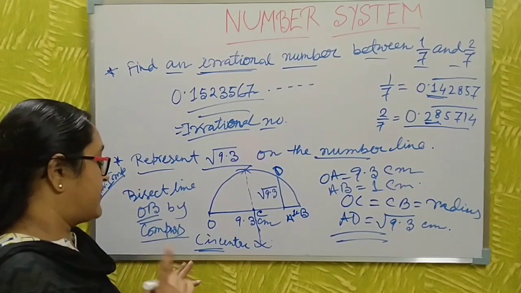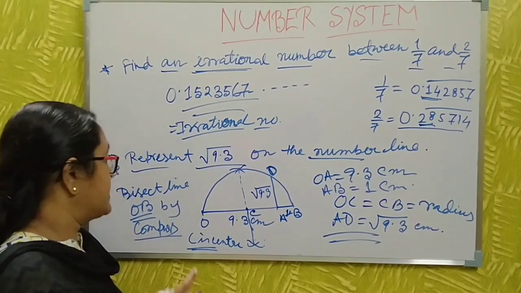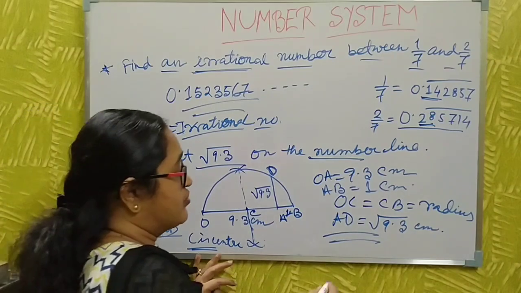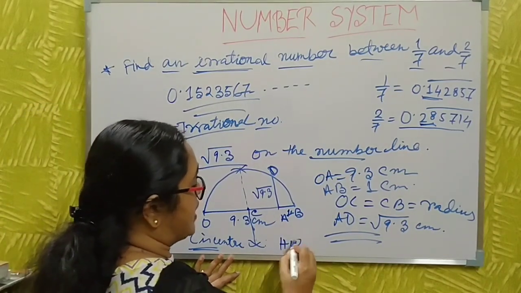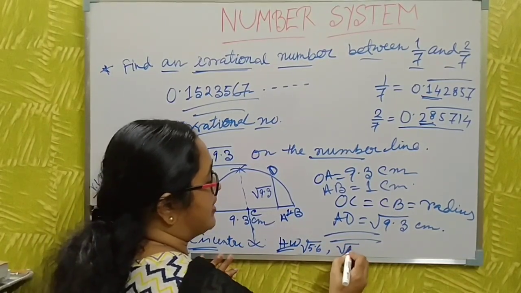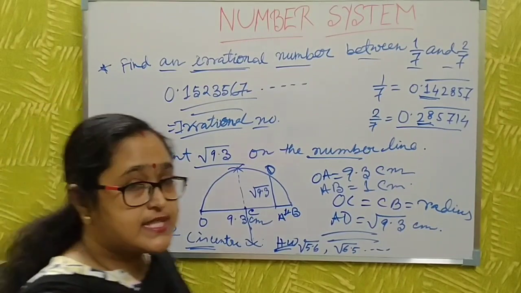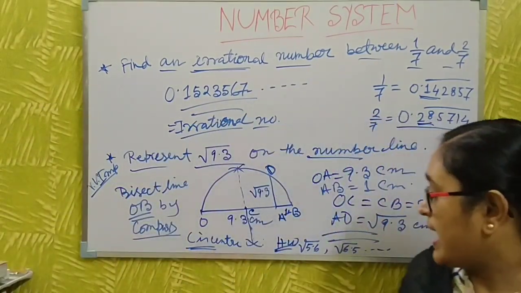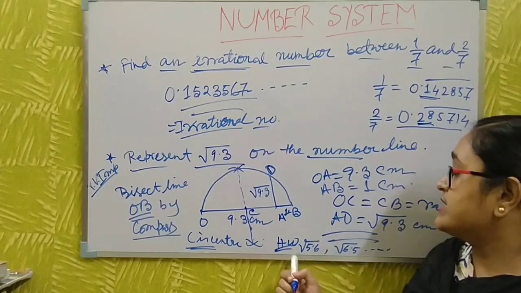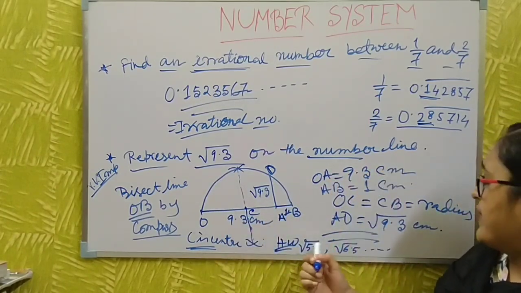This is a very, very important thing. This you have to draw and collect. This is also the homework I have given. Under root 5.6, under root 6.5, just like this. You collect the sums from any book and represent these on the number line.